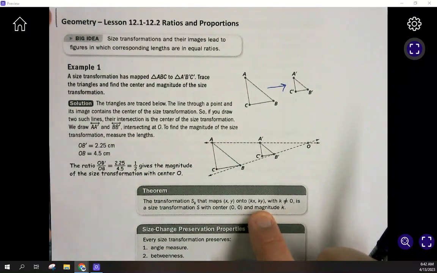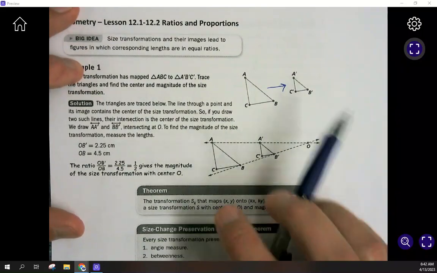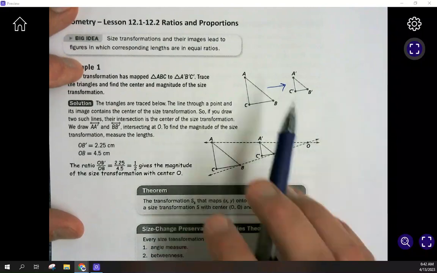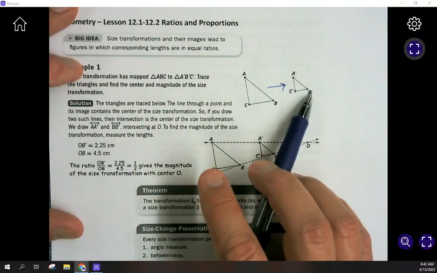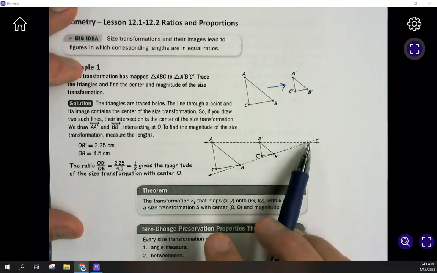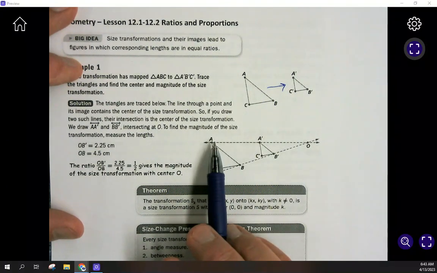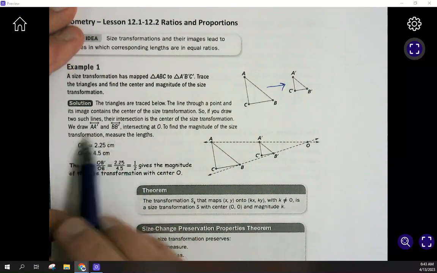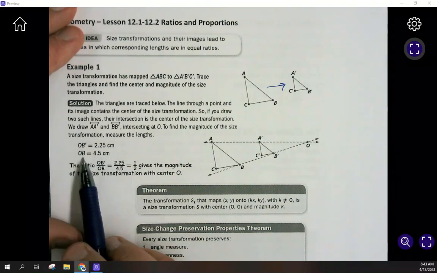And then to determine the magnitude, if you don't actually have the side lengths here, of course you could measure them, right, and compare AB to the image of AB, AC to the image of AC. But I'm also going to be looking at the relationship from the original to this center and the image and this center. And so they've given you some measurements here.